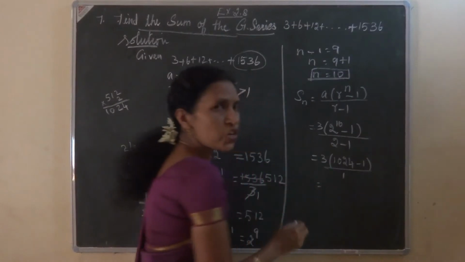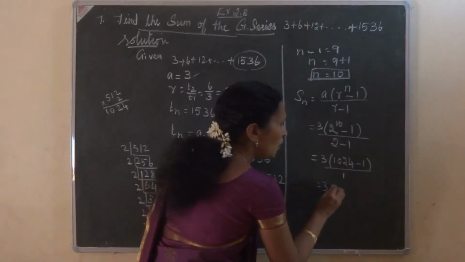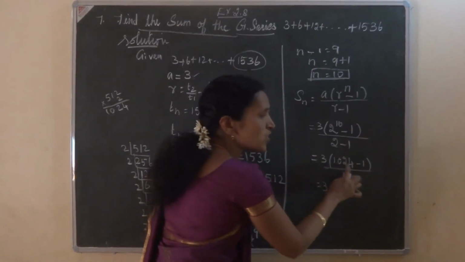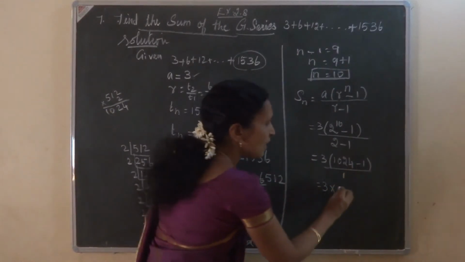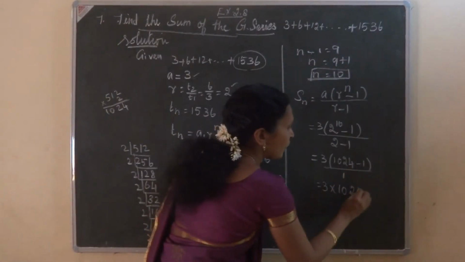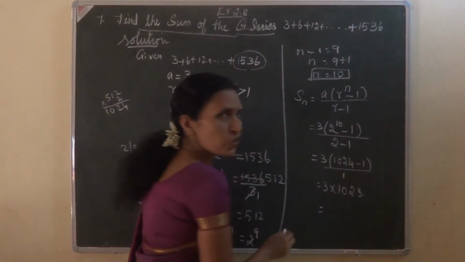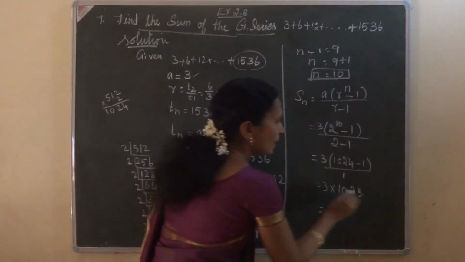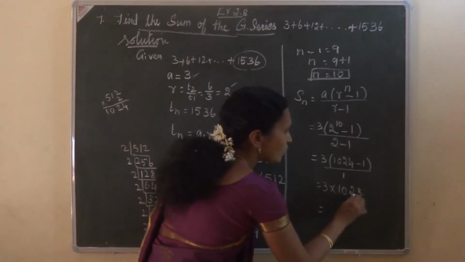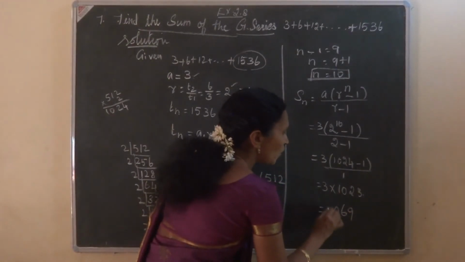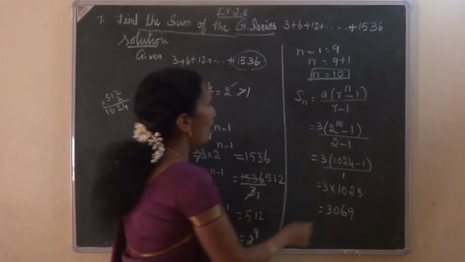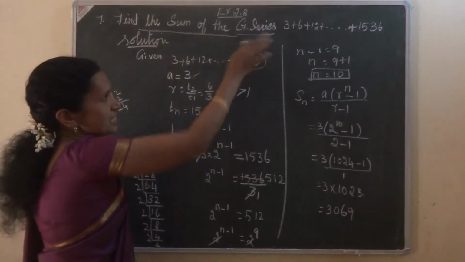That is equal to 3 into 1023, since 1024 minus 1 is 1023. Multiply this: 3 3s are 9, 3 2s are 6, 0, 3. This is the value of the sum of this series.